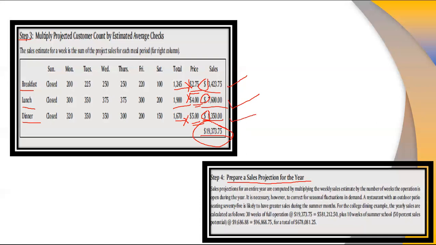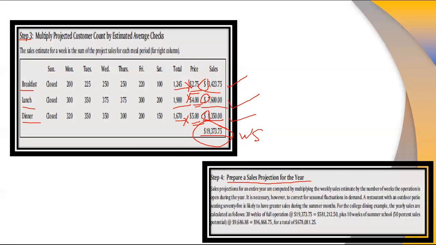That's how we get the weekly sales, just adding all of these 3 sales based on the week and the meal period. Once we get the total, we need to estimate the sales for a year, or do the sales projection.